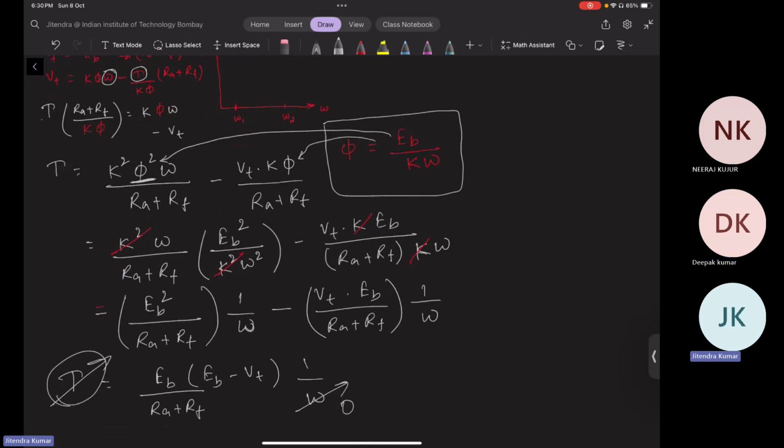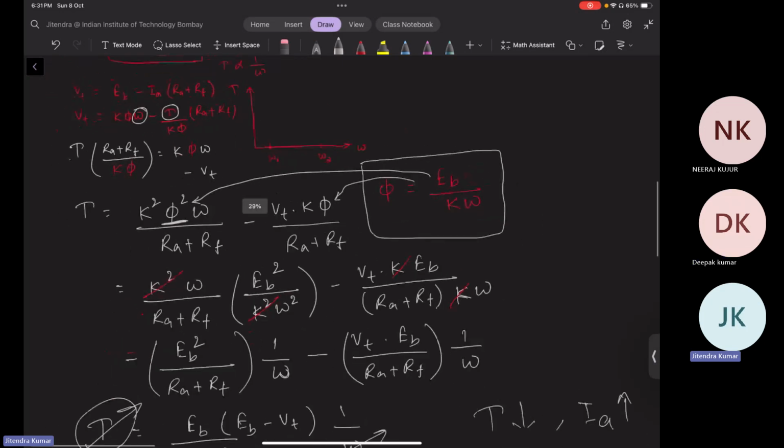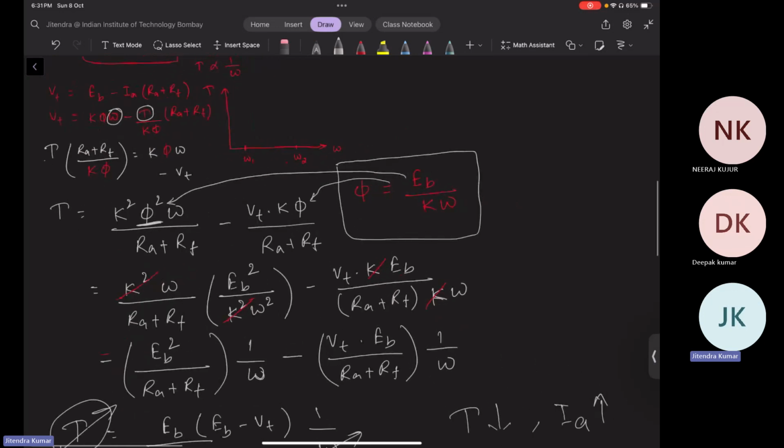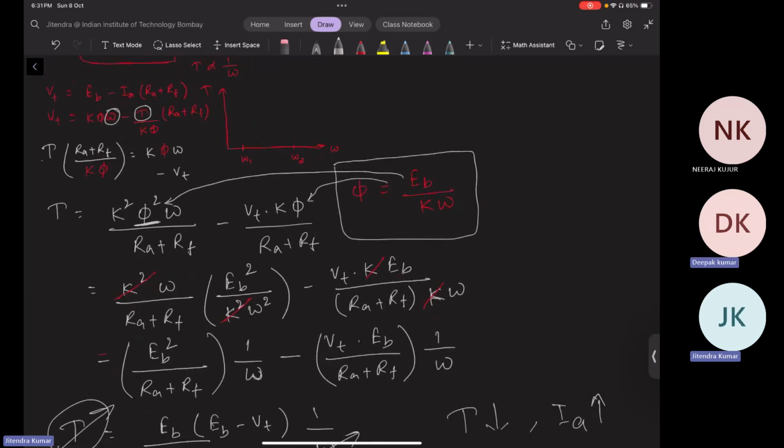And as you increase current, your starting torque will come down. Another derivation is given in many textbooks, so you can refer. You compare between no load and loaded condition.